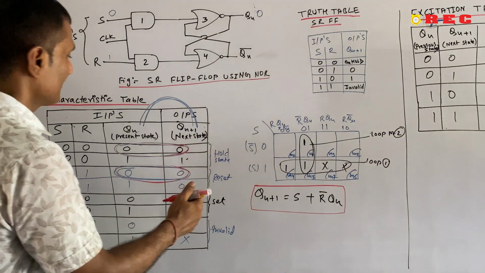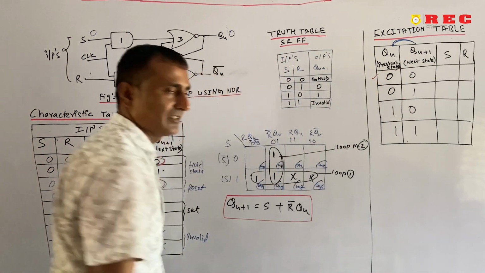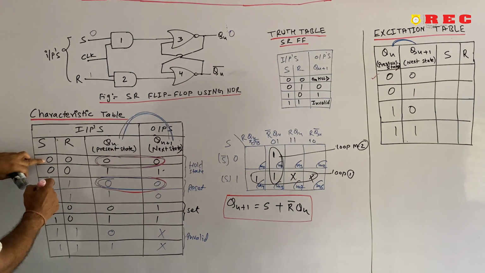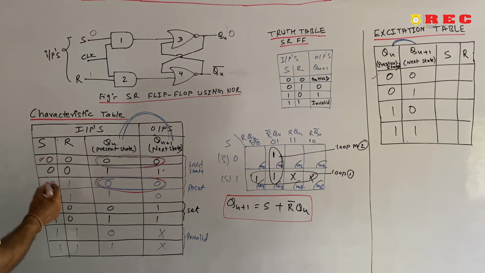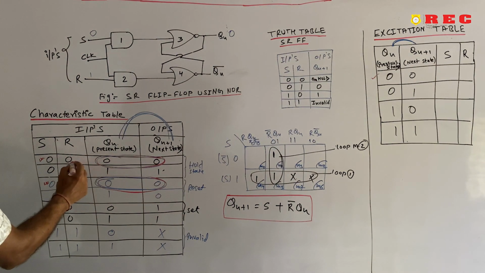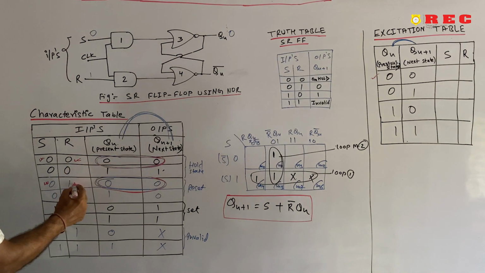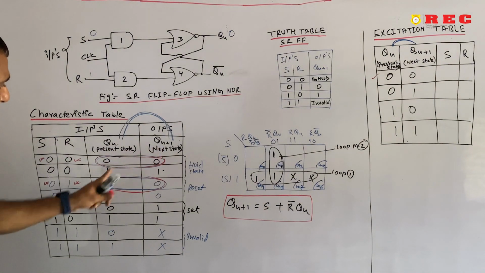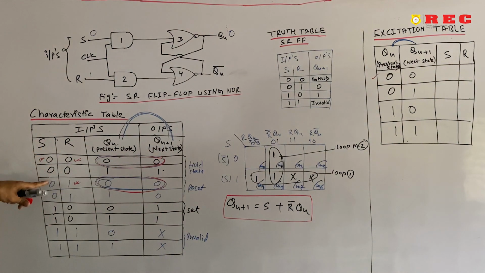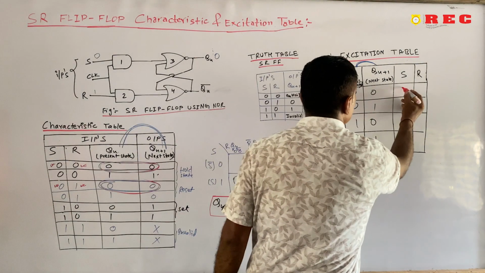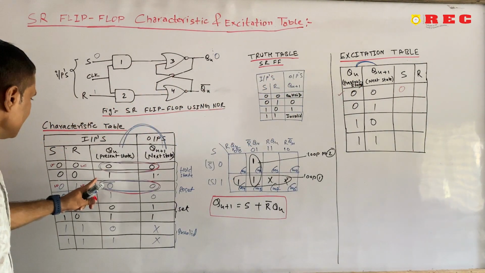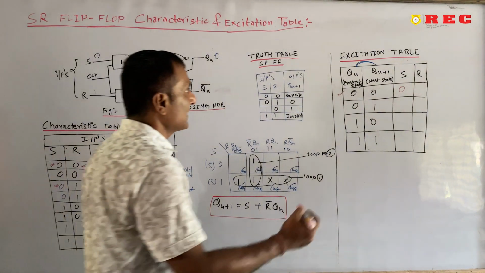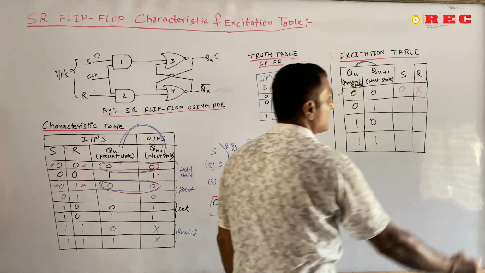Corresponding to this value, what is the value of S and R? Here the value of S is 0, also 0 here, and the value of R is 0 and this is 1. So while Qn and Qn plus 1 are 0, 0, at that time S is equal to 0, and when R is 0 to 1, this is toggling, so we should write don't care. It may be 0 or it may be 1.